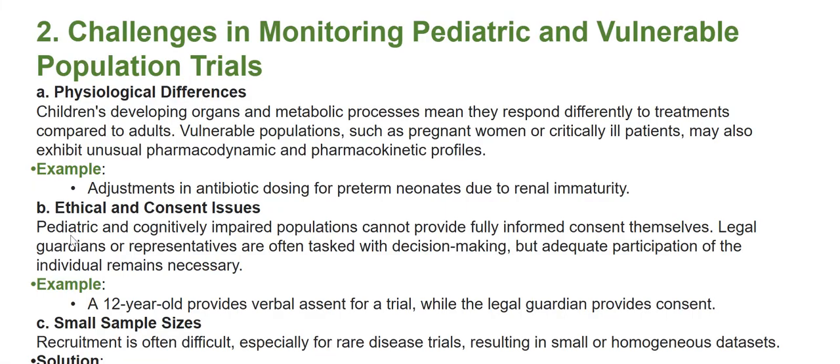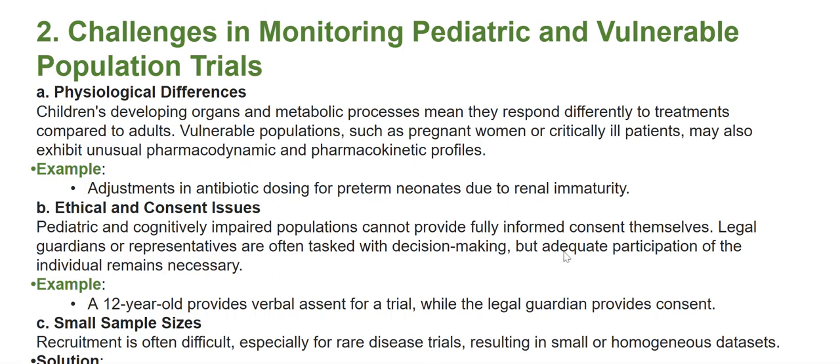Ethical and consent issues. Pediatric and cognitively impaired populations cannot provide fully informed consent themselves. Legal guardians or representatives are often tasked with decision making, but adequate participation of the individual remains necessary.